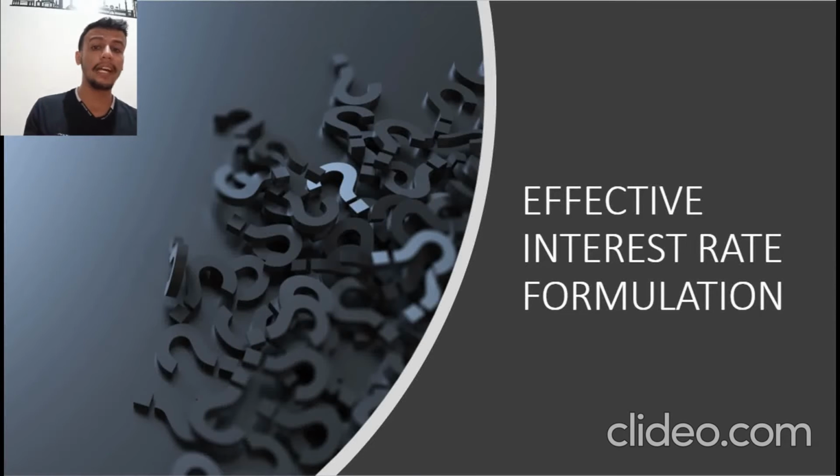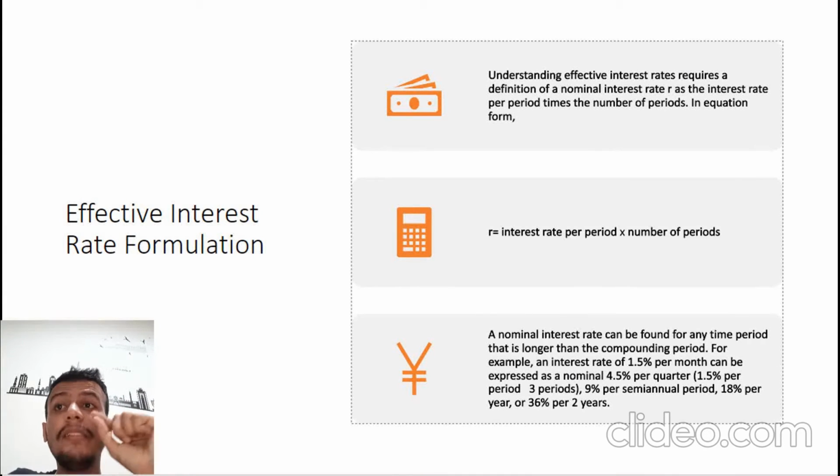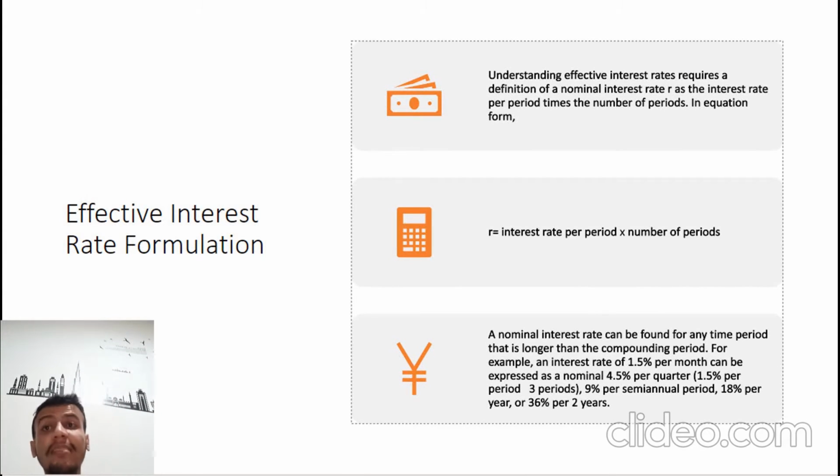And right now we're going to start with the second point in our presentation, effective interest rate formulation. It's about how we can make the equation of the effective interest rate. Understanding effective interest rate requires a definition of nominal interest rate R. We can say the symbol of it is R, the interest rate per period times the number of periods.